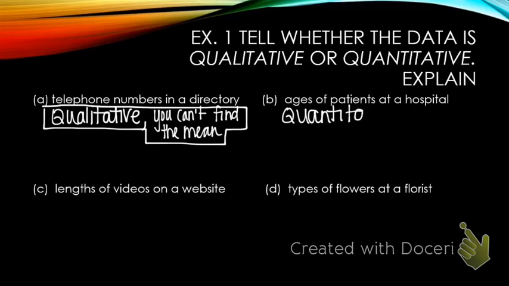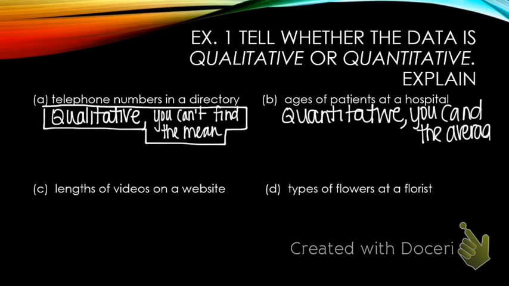Able to find the mean and a numerical sum. Very good. Either of those works, okay? You can find the mean, you can find the average, or ages are numerical. Either of those I would take. But this is definitely quantitative data.